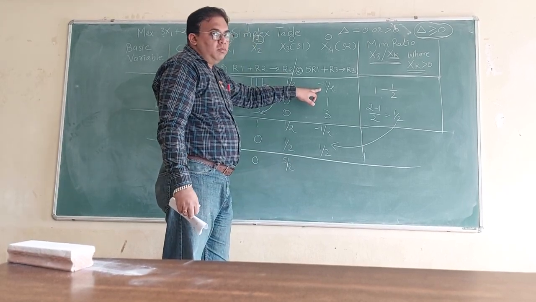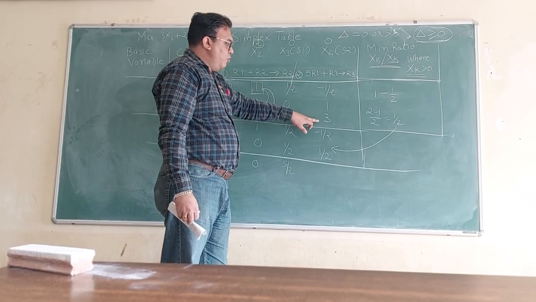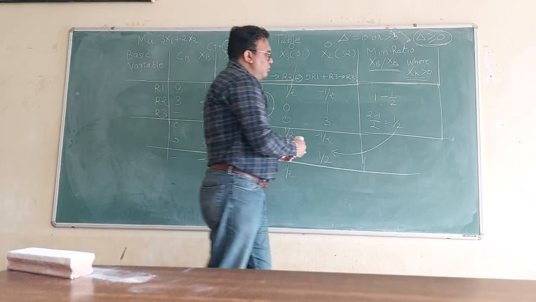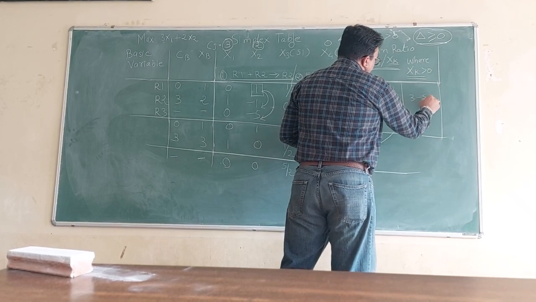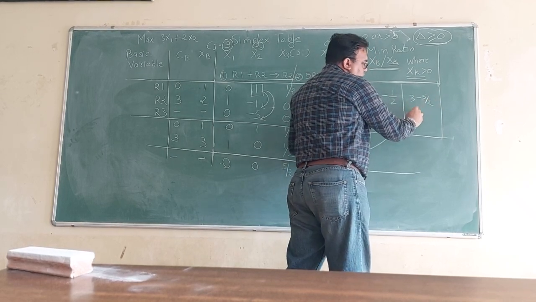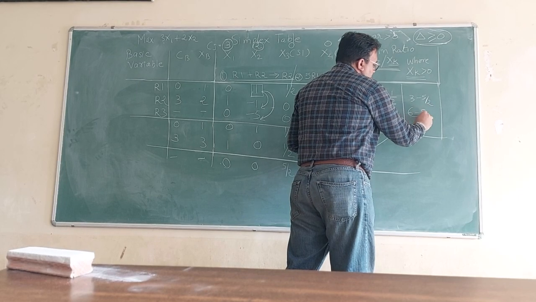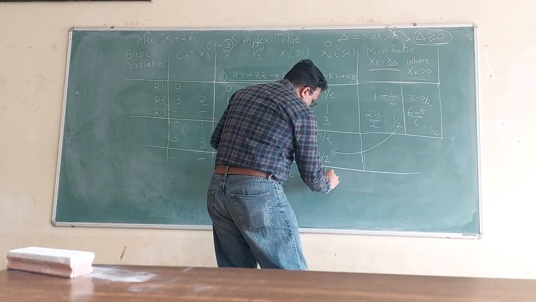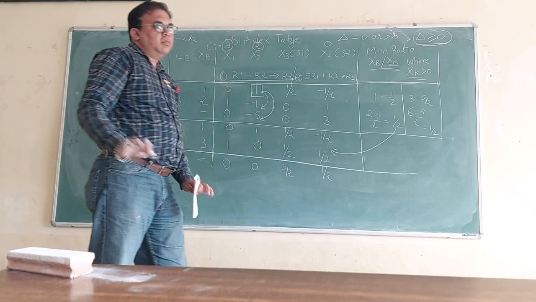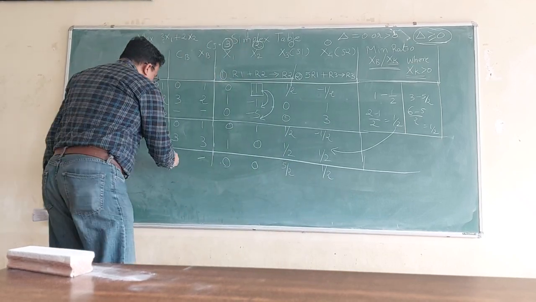Minus 5 by 2 plus 3. So we need a calculation over here: 3 minus 5 by 2. 3 is 6 by 2, so 6 minus 5 divided by 2. So the value is half. This is our half value. Done? Clear?